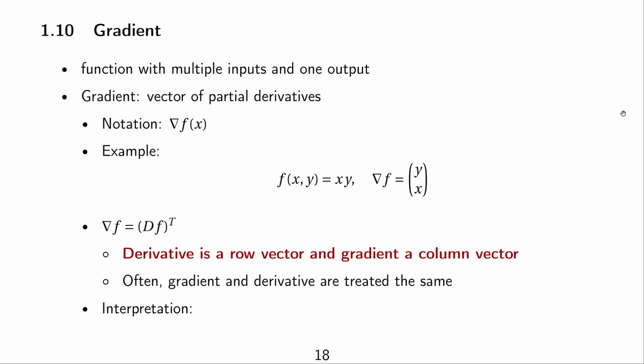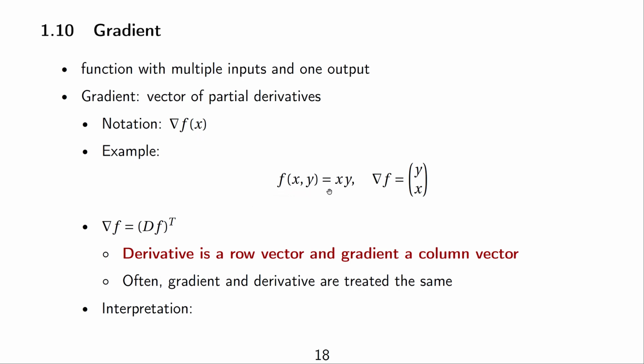Okay, here we review one more term, the gradient. In this case, we have a function with multiple inputs and one output. The gradient is very popular in the optimization literature, because there we're treating these functions that typically have one output. And the gradient is also a vector that collects the partial derivatives. So the notation is this gradient symbol f of x.